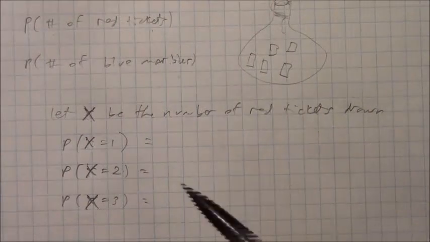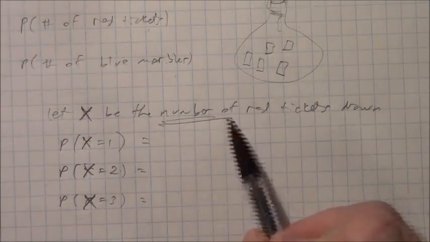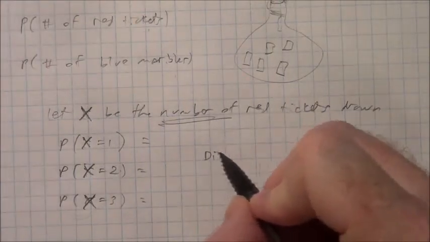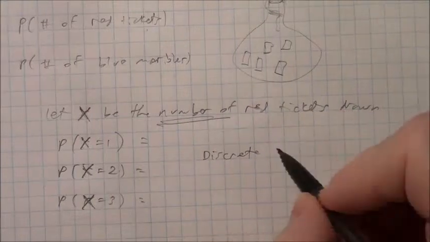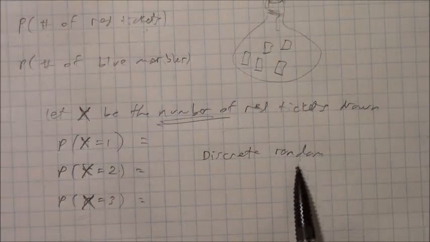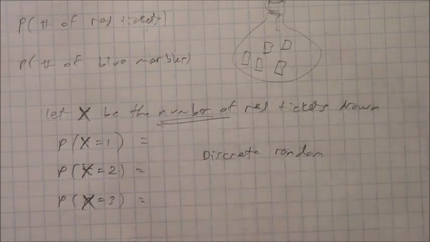Okay, so in this case we're talking about the number of red tickets. So we're talking about a discrete random variable, and the random comes from the experiment that we do, where we are randomly drawing tickets out of a bag, or randomly drawing marbles out of a bag.